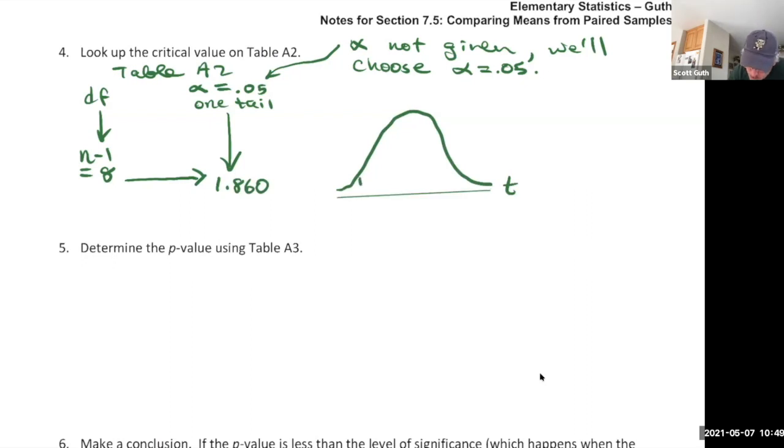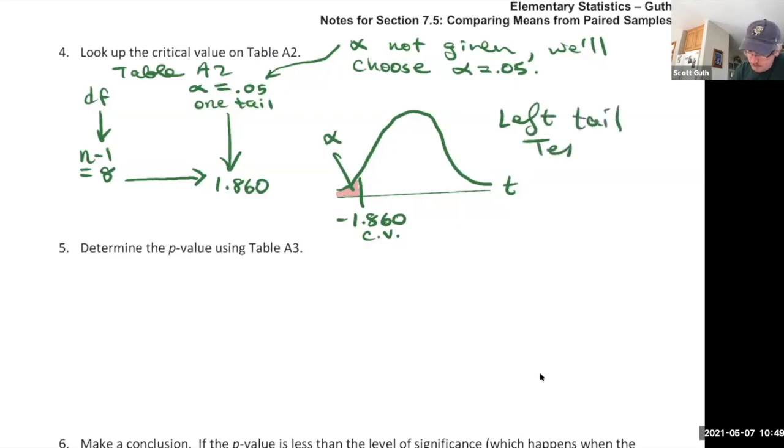So technically what you want to do is make this negative. Okay, that's our critical value. And the area of the tail here is alpha. I'll just remind you again, this one's a left tail test. Okay, any questions?